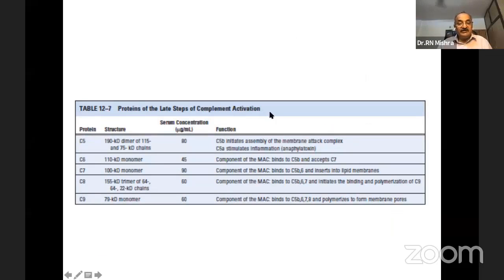So the proteins of the late stage of complement activation, what are these? C5, C6, C7, C8, and C9. This C5b initiates assembly. And you just have to remember that C5a is a very powerful anaphylatoxin.